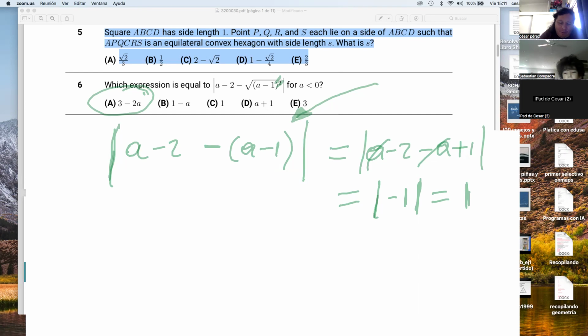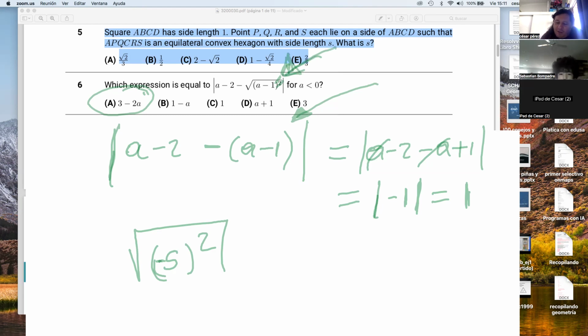Okay. When we have something like this, for example, minus 5 squared, when we are solving this kind of equation, we are going to use the positive value.